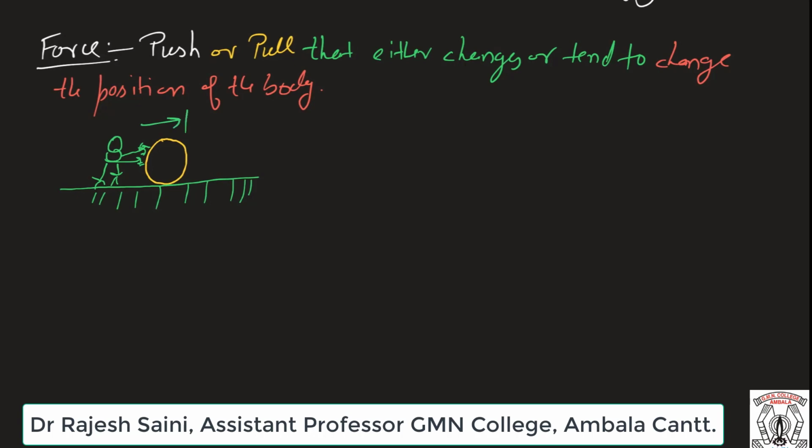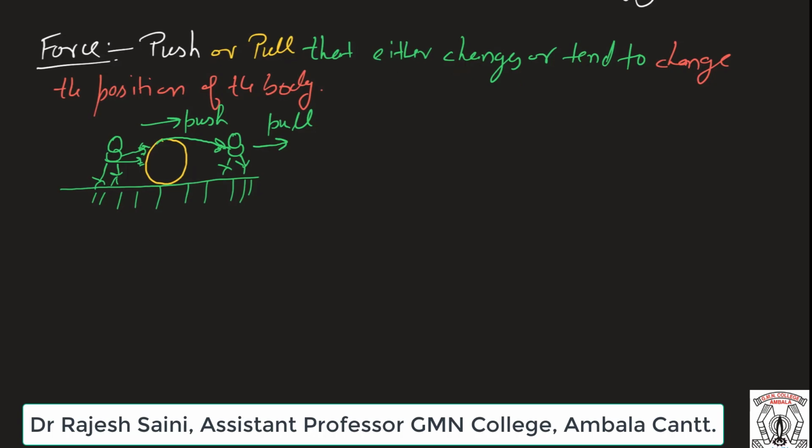So this type is called push. And if say this is some human and this is some rope, and with his hands, with this rope, he is getting this body to move in this direction. So this is called pull.